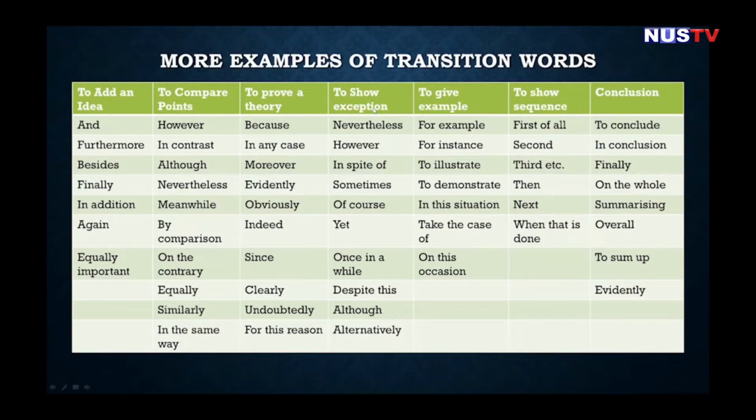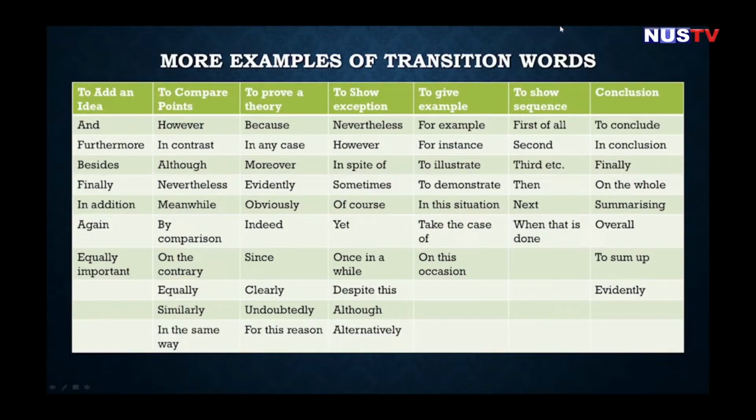Next, we have transitions to show exceptions. Now, these transitions you can use especially when you are writing your counter argument. Now remember, in our expository essays, you are advised to have a counter argument, especially in essays such as compare and contrast, and other types of expository essays.